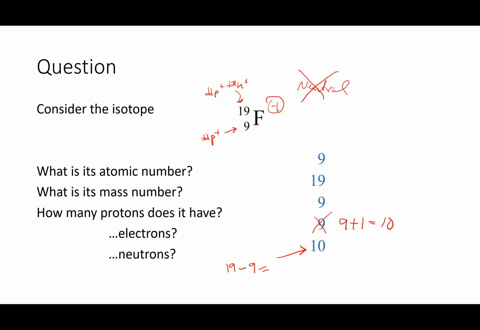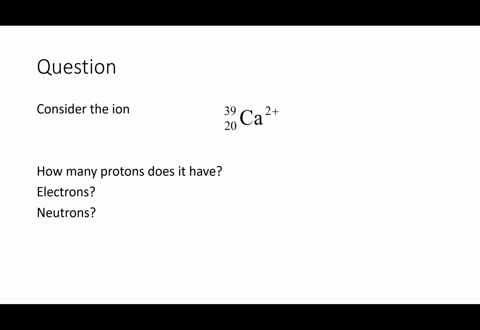All right. So what does Ca stand for? It does stand for calcium. And you guys have the answers to this too? Okay. So protons is the atomic number there, 20. Electrons is protons. Yeah. So why are the electrons 18? Does it have to subtract 2?